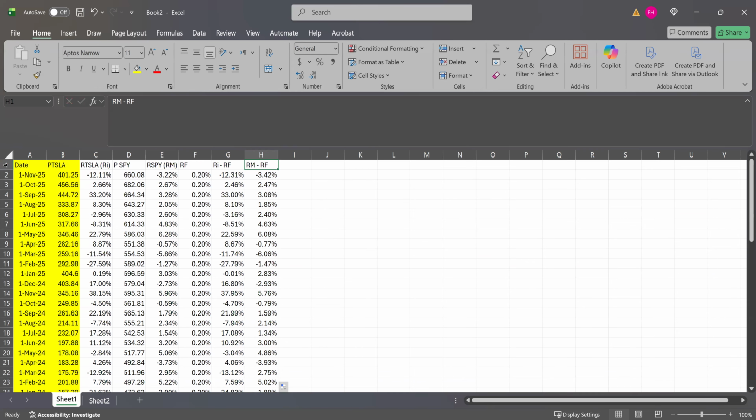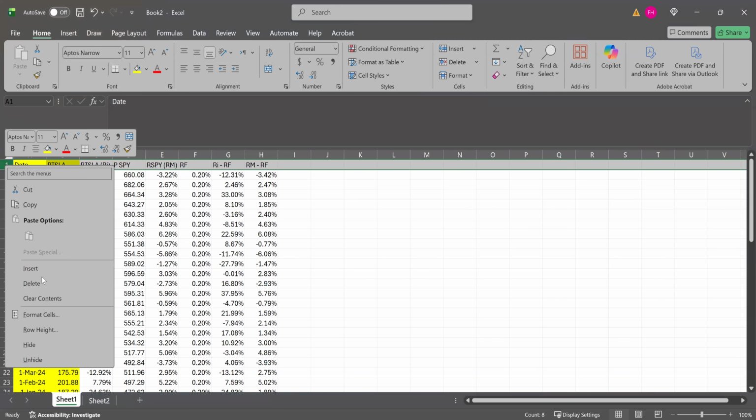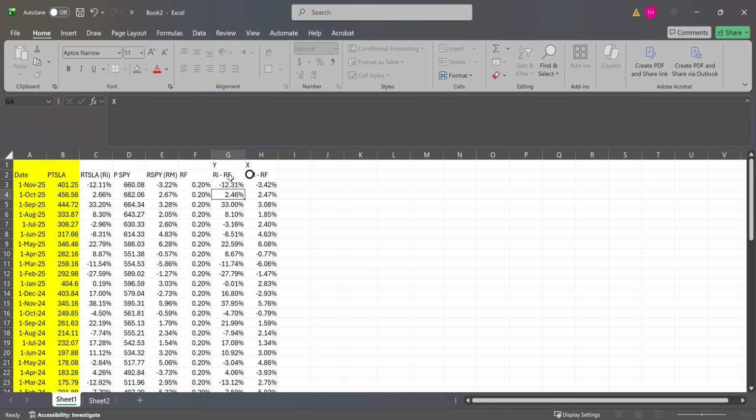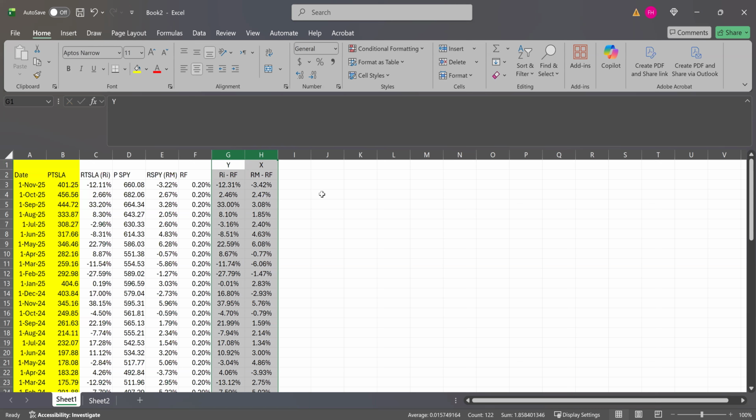Here, RI minus RF is my dependent variable Y, and the market risk premium is my independent variable X. So I'm going to use regression analysis to find the relationship between the risk premium on the stock, based on the market risk premium.